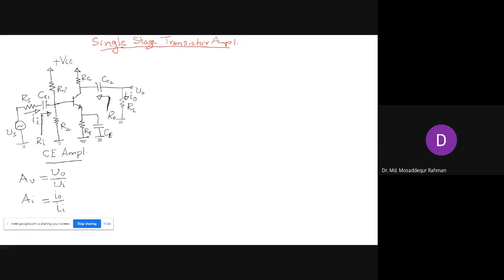Now, how do we proceed to analyze this circuit? Can anyone remember how to proceed?